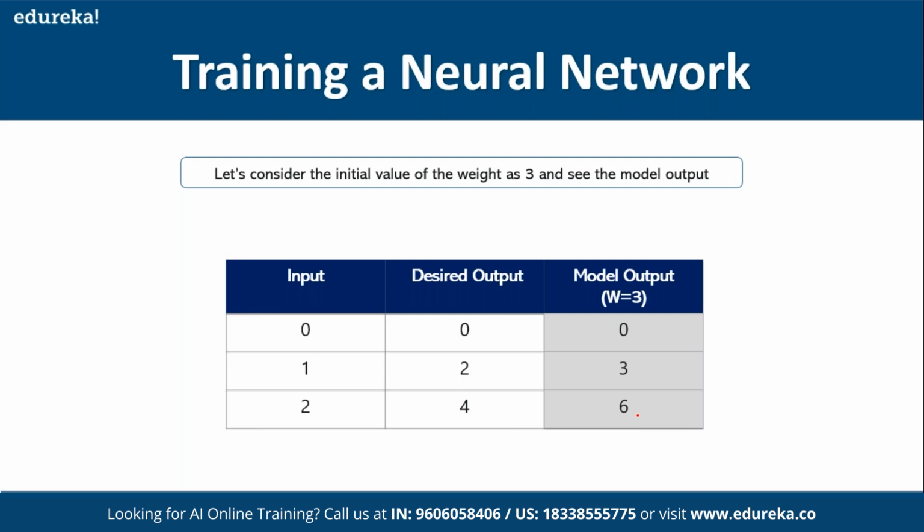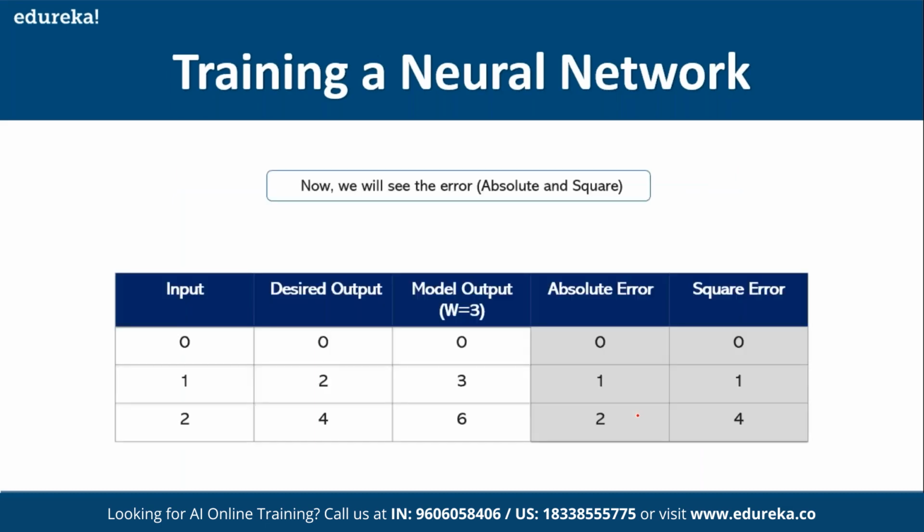For this I go ahead and calculate my absolute error and square error. So my absolute error is 0 minus my desired output, which is 0. 3 minus 1 is 2. 6 minus 4, where 4 is my desired output and 6 is the model output.